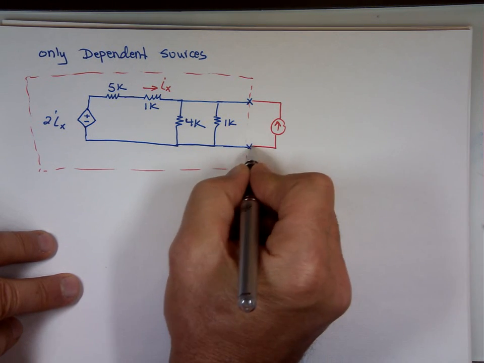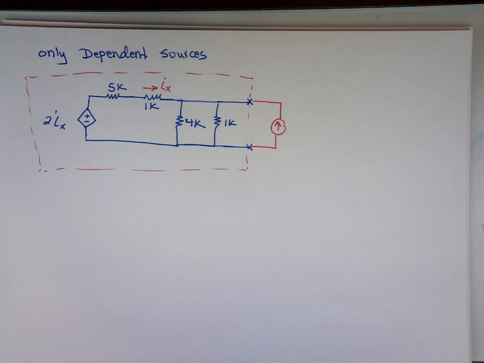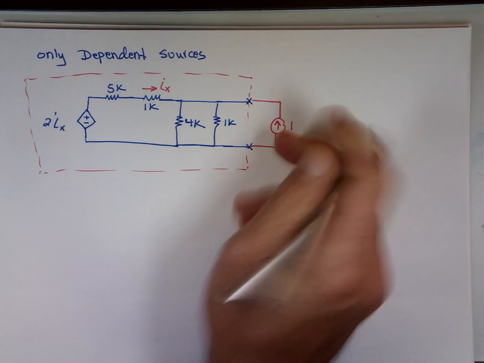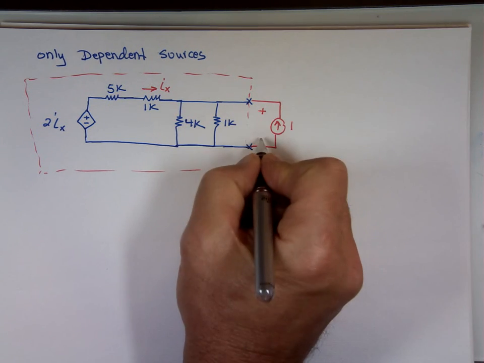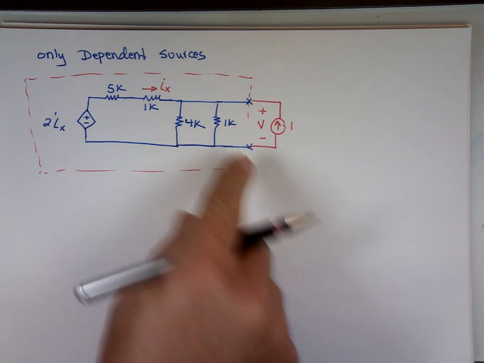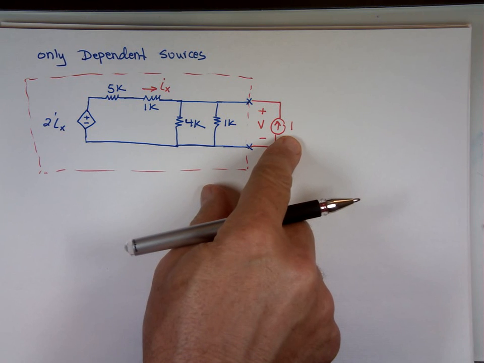But you don't have to put a current source. You can put a voltage source. You can give it any number you want to. So I'm going to put a current source with a value of 1. If I put a current source with the value of 1, I need to find the voltage right here, because the ratio of the voltage to the current should be R equivalent.